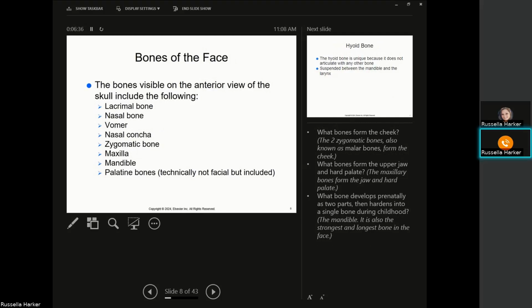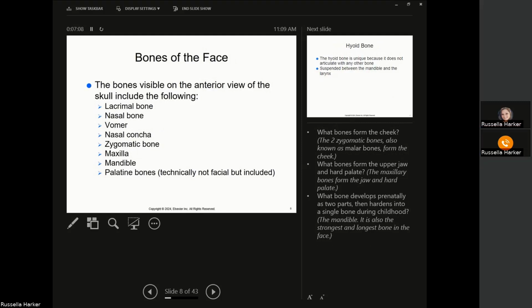Nasal bones: there are two nasal bones that form the bridge of the nose. Superiorly, which means towards the top, they articulate with the frontal bone and make up a small portion of the nasal septum. The two lacrimal bones make up part of the orbit at the inner angle of the eye. These small thin bones lie directly behind the frontal process of the maxillary bones. They're very delicate bones and are broken very easily.